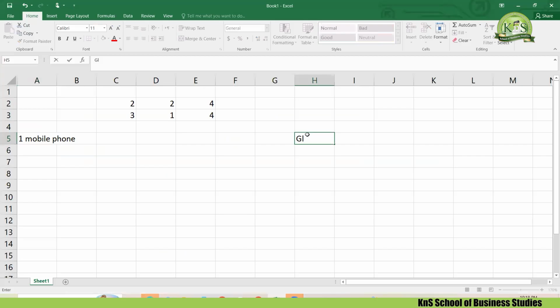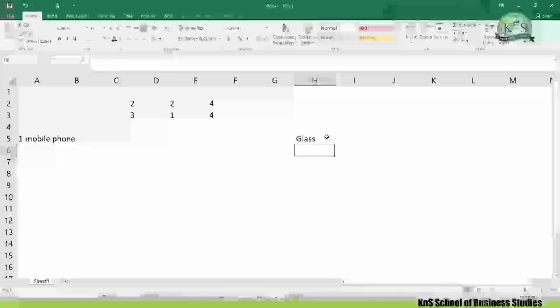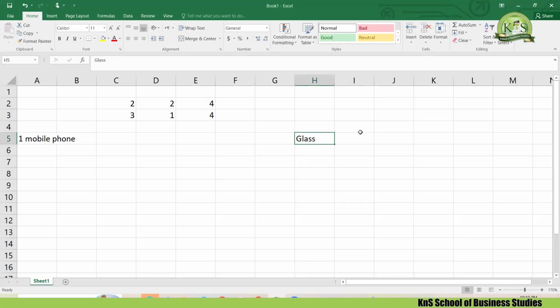Take an example of a glass. Answer me one thing. If I pour water into the glass, how will the glass be filled? What will be filled in a glass first? If I pour some water or any liquid in the glass, what will be filled first?